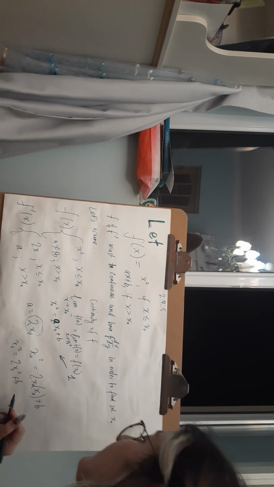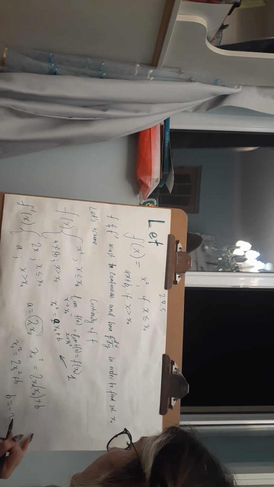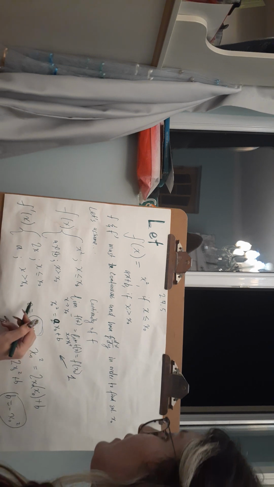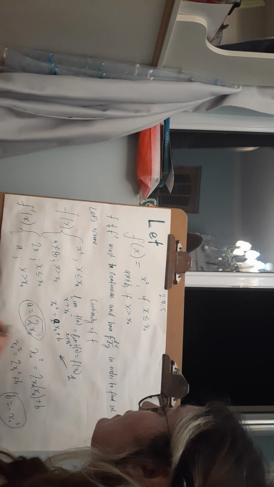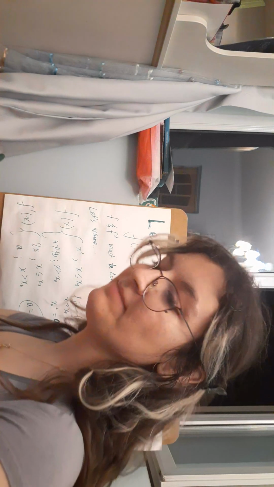And when we subtract these values, we get b equals minus x naught squared. And these are our two values, proving that it can be continuous and have a derivative at the point x naught, Q.E.D. Ladies and gentlemen.